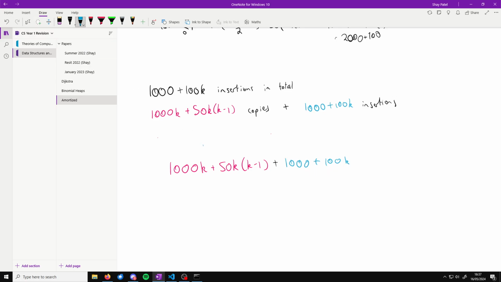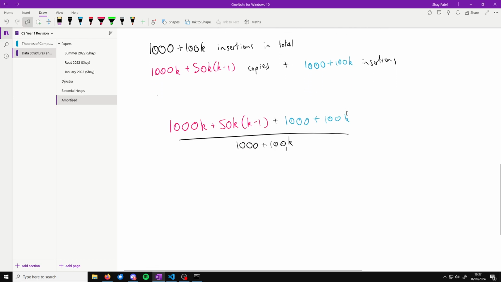Okay, so we've got these calculations. Now what we can do is divide this by the total number of insertions, which is this number up here, 1,000 plus 100k. If we work this out, we get 1,000k plus 50k squared minus 50k plus 1,000 plus 100k.